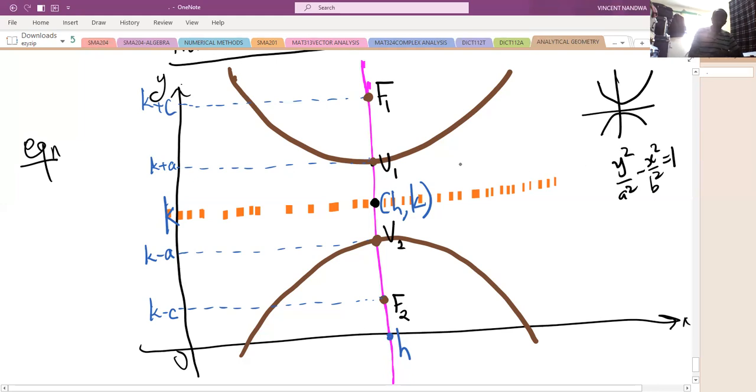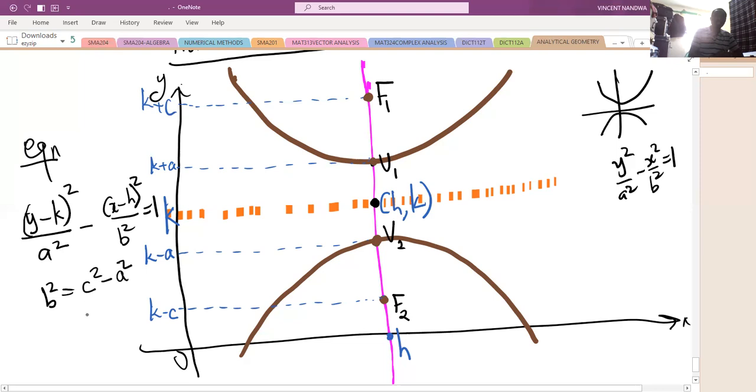So therefore, the equation for this case will be y minus k squared over a squared minus x minus h squared over b squared equals 1. And then b squared is the difference between c squared and a squared. And c is always greater than a for hyperbola. So that's the first thing.